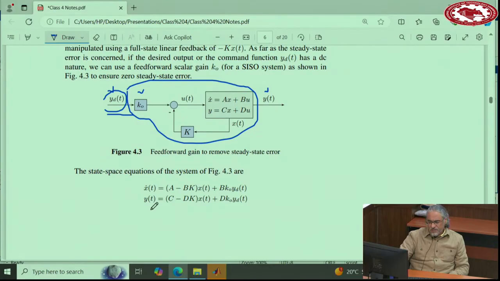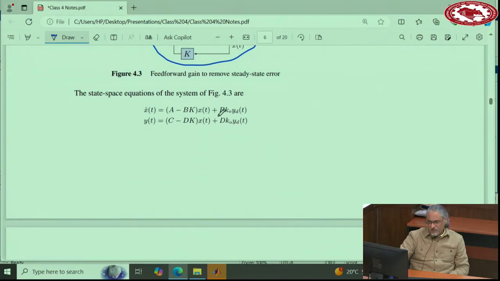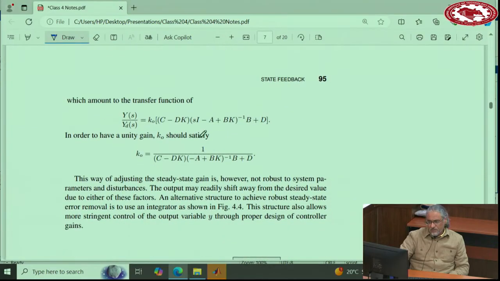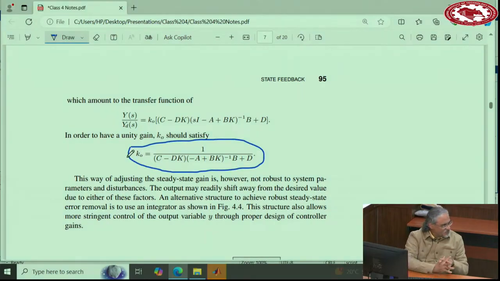So you write the state space equations for this system with K0, and then you derive the transfer function, and you look at the DC gain of this system. For DC gain, you put s equals 0, and choose K0 such that the DC gain becomes 1. So that's K0. With this K0, the output in the steady state will be equal to the input. If you want the converter to reach 10 kilowatt, it will reach 10 kilowatt eventually.